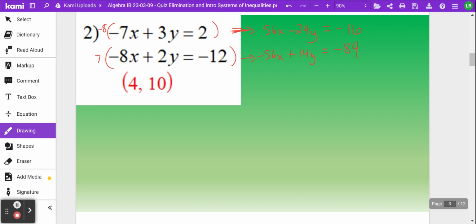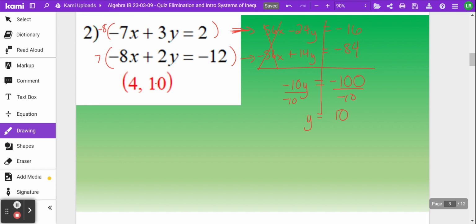Sorry, I had to pause there for a second. I was thinking of the math. Now I have opposites. I'm going to add my equations together. So that's 0. I add these up and I get negative 10y. I add these up, negative 16 plus negative 84, and that's negative 100. Divide both sides by negative 10. And y is positive 10. You can see that matches up with what I had there.